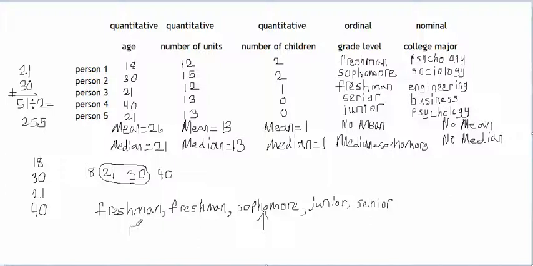It would be freshman, freshman, sophomore, junior. I have 2 middle values, which are freshman and sophomore. I can't add the 2 middle values and divide the total by 2. So if I have an even number of ordinal values, there's no clear way to find a median. I can only find the median if I have an odd number of ordinal values.